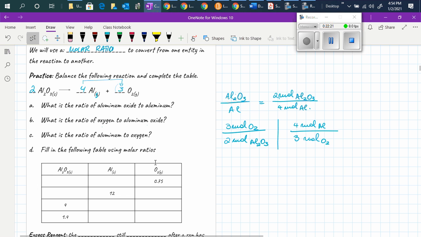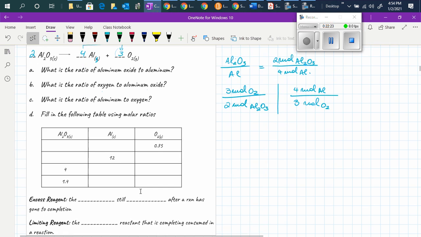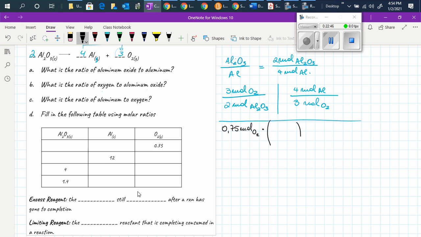Oxygen has 0.75 moles, and we are looking for the moles of aluminum. We start always with what is given: 0.75 moles of oxygen times the molar ratio between aluminum and oxygen, which is 3 to 4.